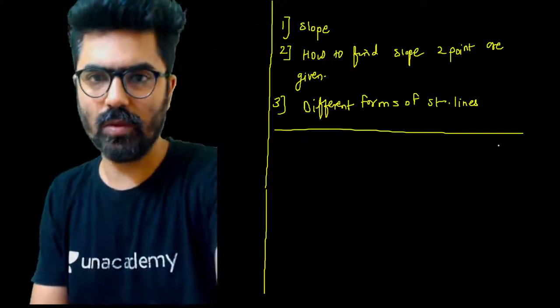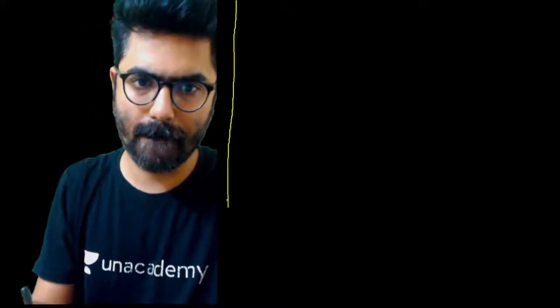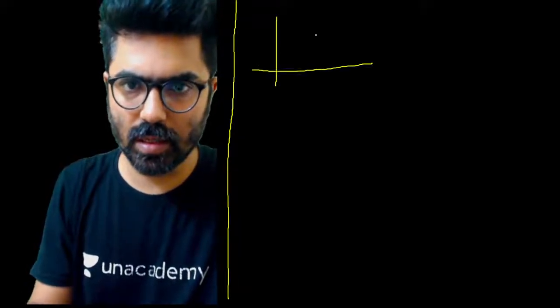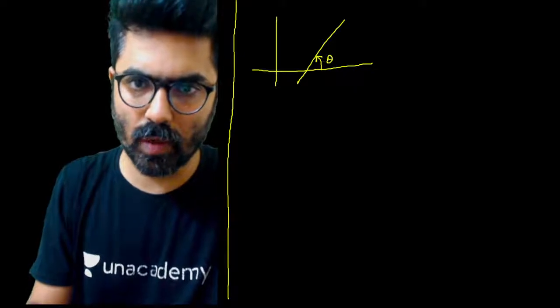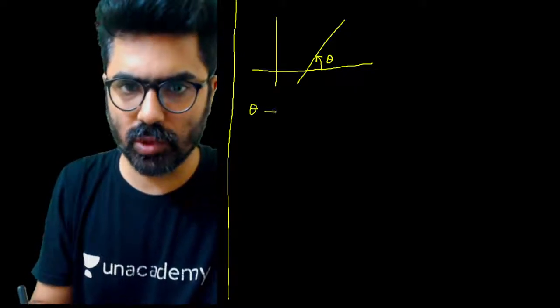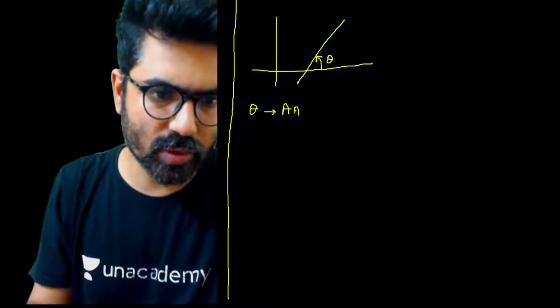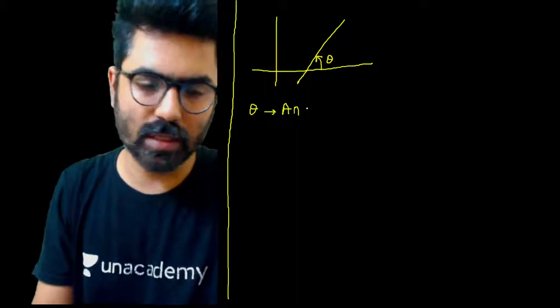So let's start with the slope. Let's say there is a line which makes an angle theta in anti-clockwise direction, with the positive direction of x-axis. That's great, Shuja. You already know about slope, right? y2 minus y1 upon x2 minus x1.